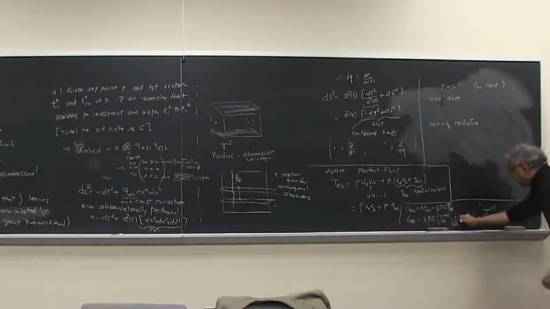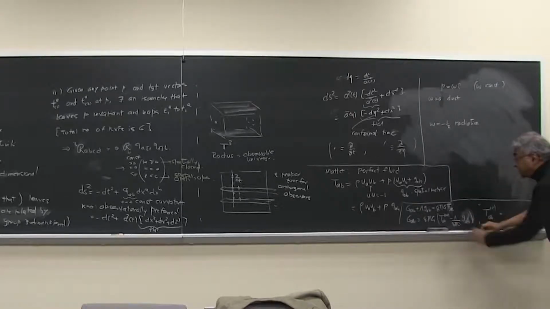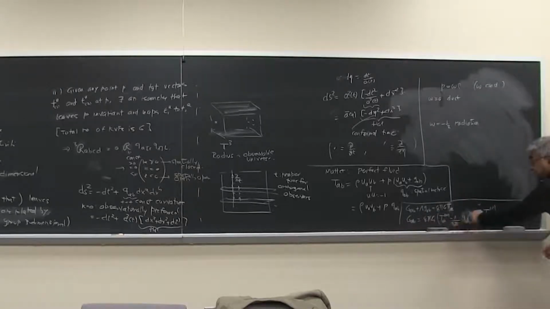Sorry, I just moved this out on this side, so it's lambda upon 8 pi G times GAB, and this term can be taken to be the cosmological constant, minus lambda upon 8 pi G times g. You can think of this as the contribution of the stress tensor due to the cosmological constant. And when people talk about dark energy and so on, this is what they are doing.